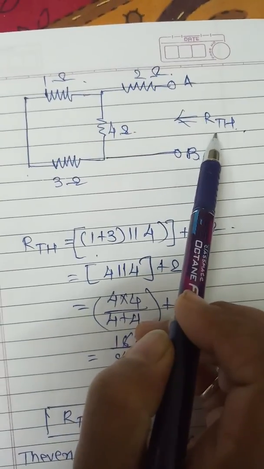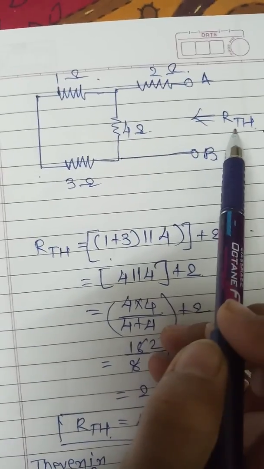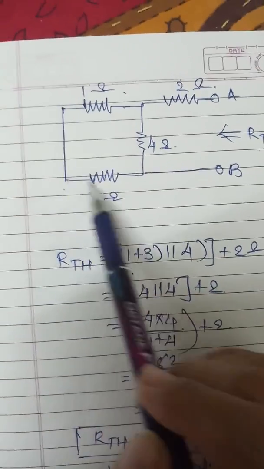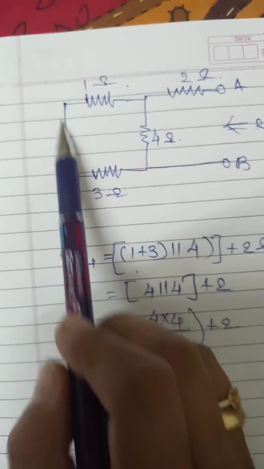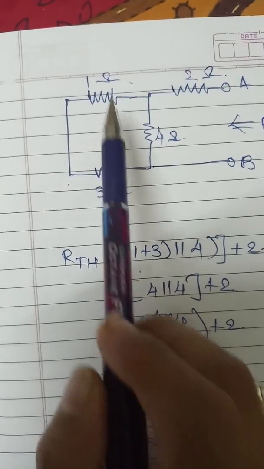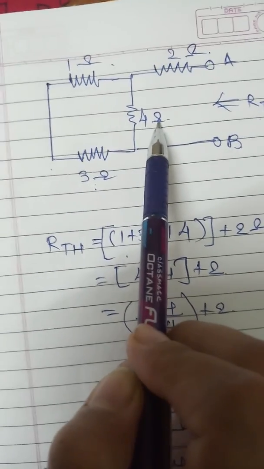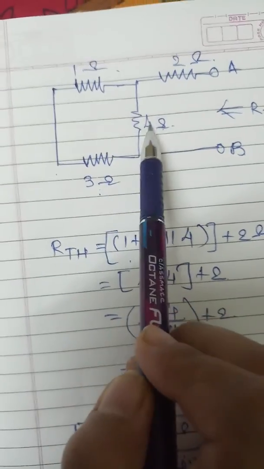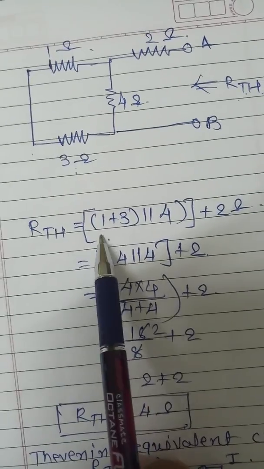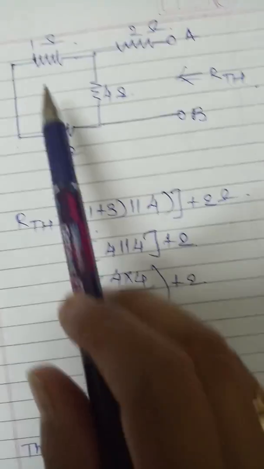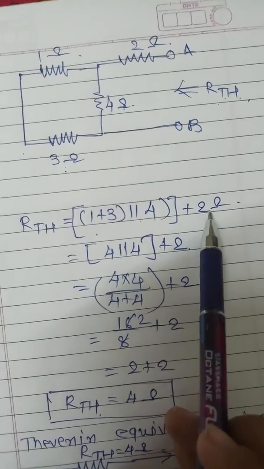Now RTH is equal to what? RTH is the Thevenin equivalent resistance. How to find out the RTH? Resolve this network by using series parallel connection. See, 1 ohm is in series with the 3 ohm, 3 plus 1 is 4 ohm, and that 4 ohm is connected in parallel to the 4 ohm, and that parallel connection is in series with the 2 ohm.